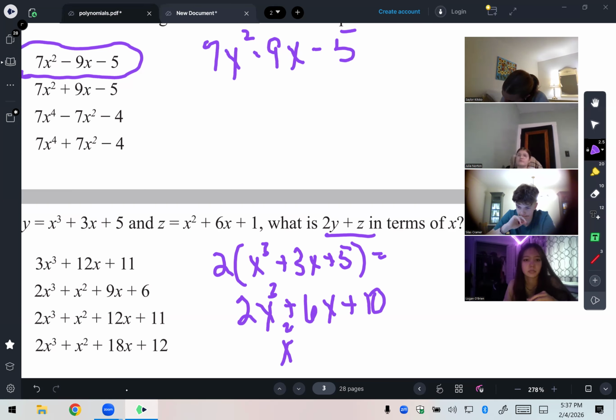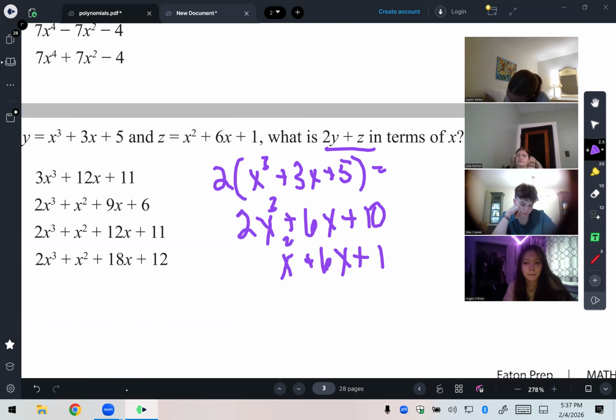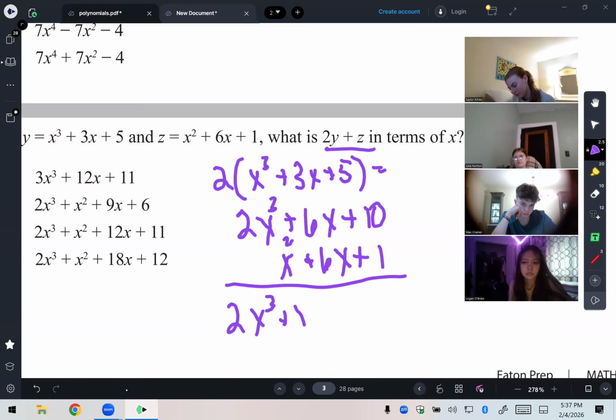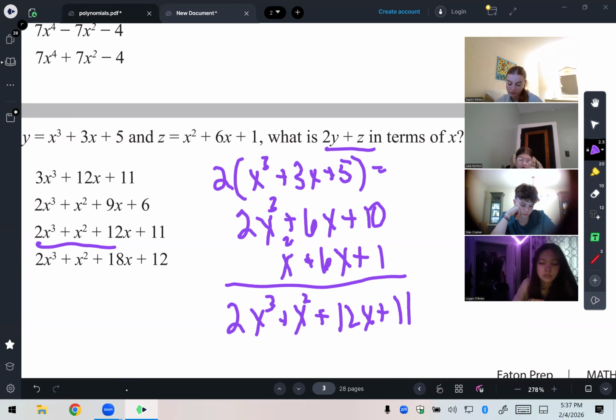That's why I mean aligning it helps. Plus 6x plus 1. And so when we add these, we'll get 2x cubed plus the x squared plus 12x plus 11. So that is C.